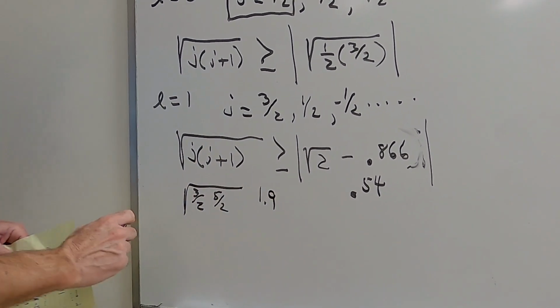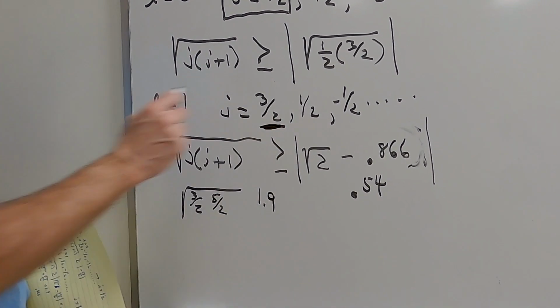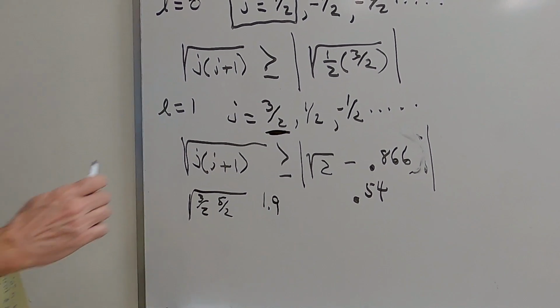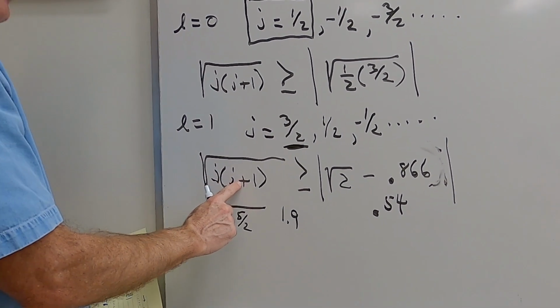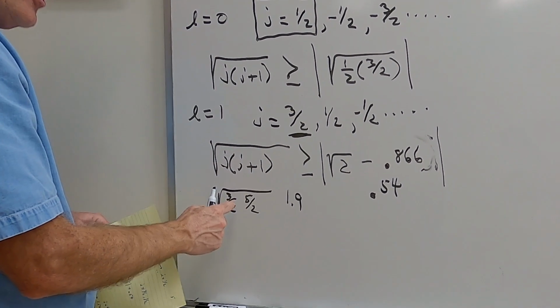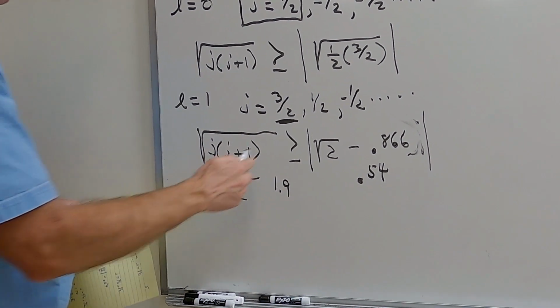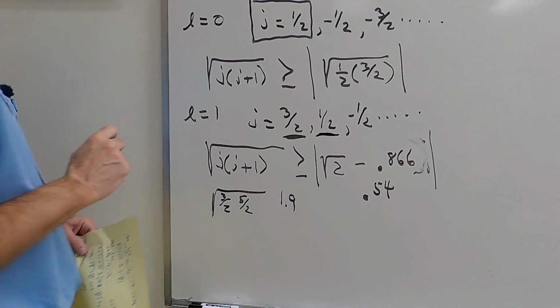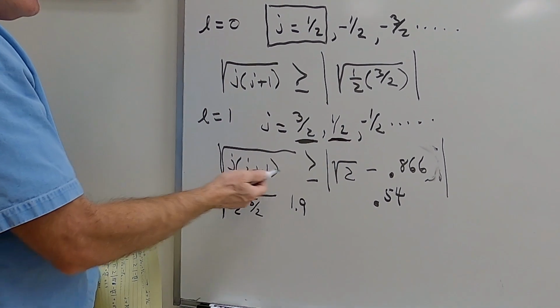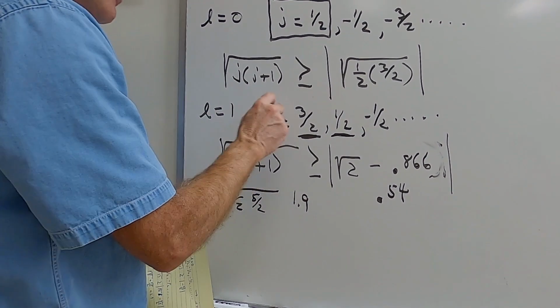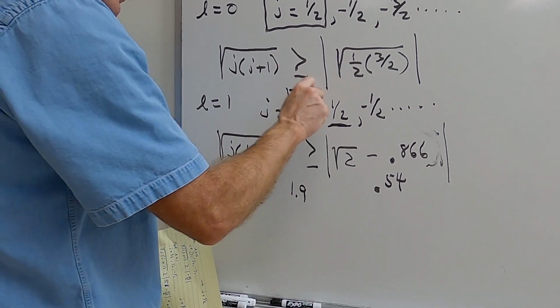That works, so that one will work. If we plug in the 1/2 into here, 1/2 times 3/2 is the square root of 3 over 2, which is 0.866. So that one will work right here. But not the third one, because we'll get a negative number over here, and you can't get a negative in there. So for L equal to 1, we have these two.